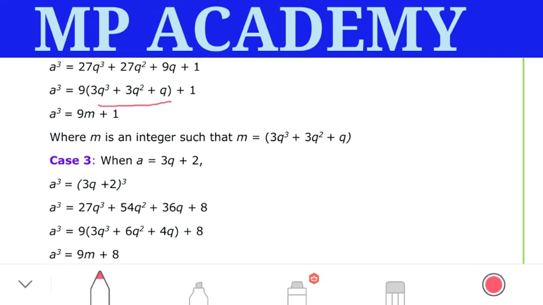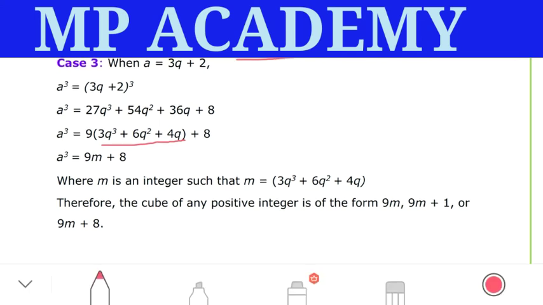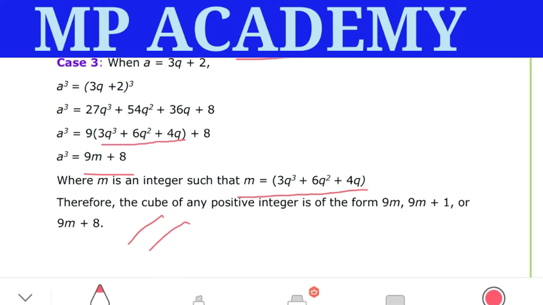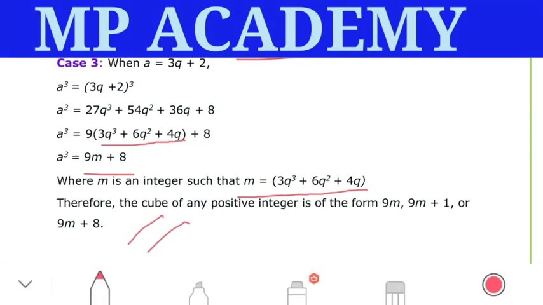Similarly, for the second case, after simplification we get a cube equal to 9m plus 1. If a equals 3q plus 2, again by simplification we get a cube equal to 9m plus 8. So we can say that the cube of any positive integer is of the form 9m, 9m plus 1, or 9m plus 8.